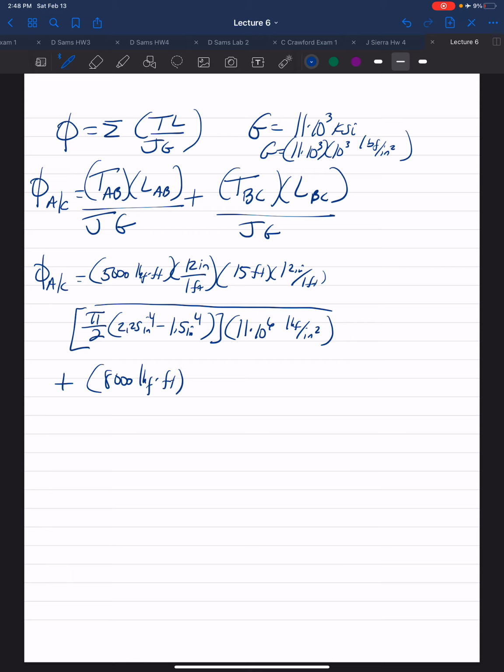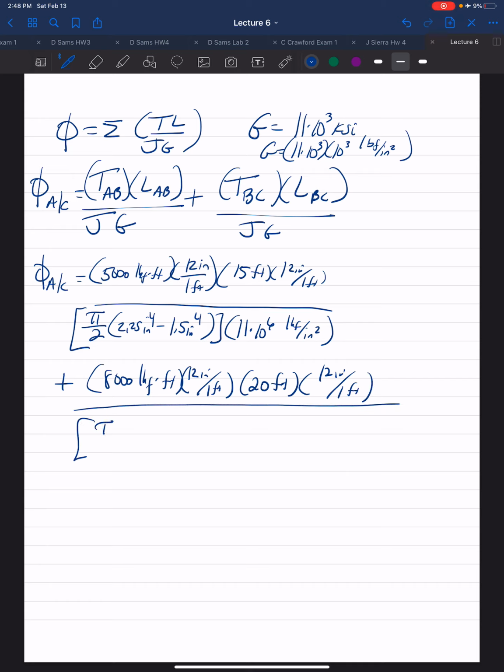Convert that feet to inches, 12 inches per 1 foot, times your length of segment BC, which is 20 feet, times 12 inches per 1 foot, over your polar moment of inertia, which is your outer radius minus your inner radius to the 4th power, times your G. Our units are all in the same pound force and inches.